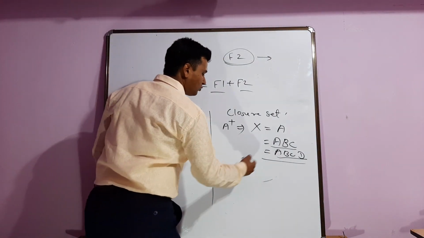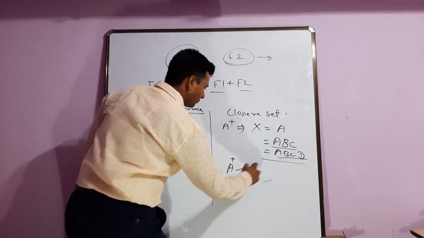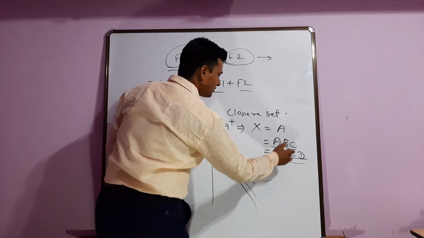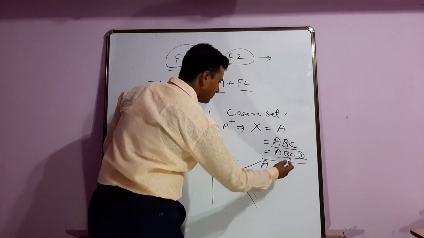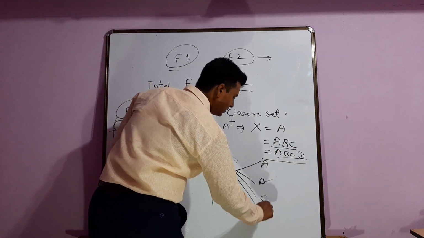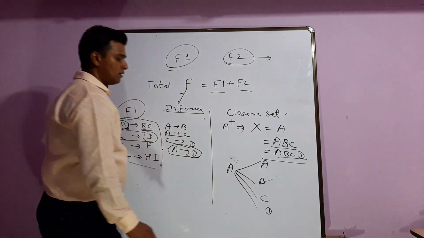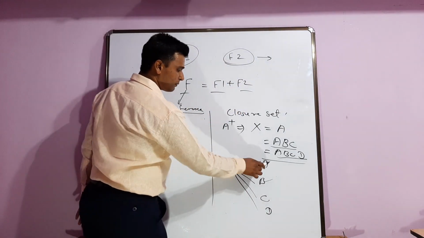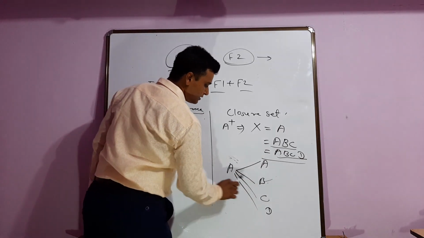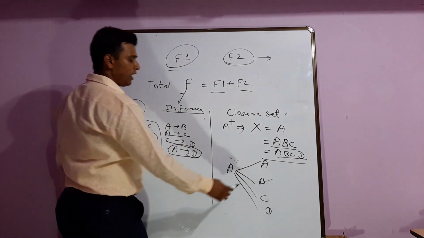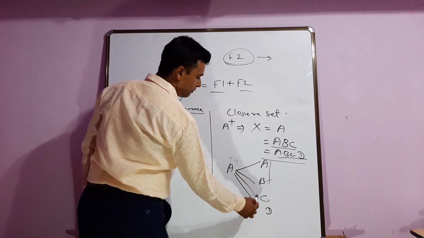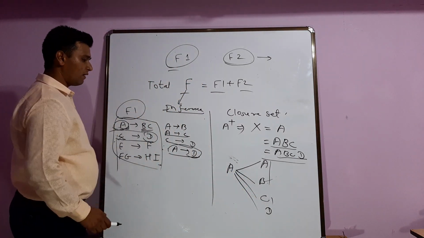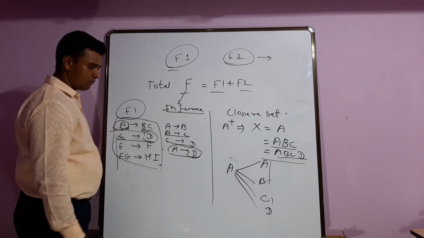Now here this rule says that A plus is equal to A determines A, A determines B, A determines C, and A determines D. So we were having A determines AB and A determines BC, and C determines D that we were having.